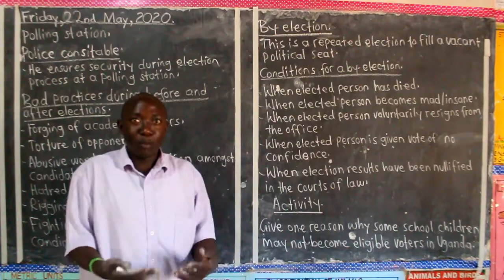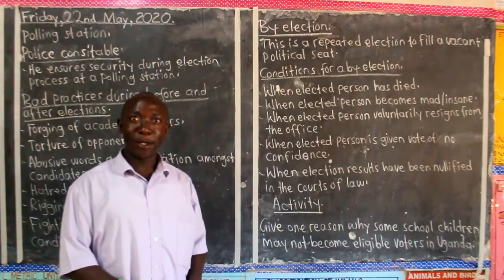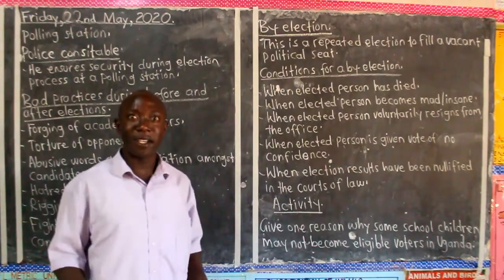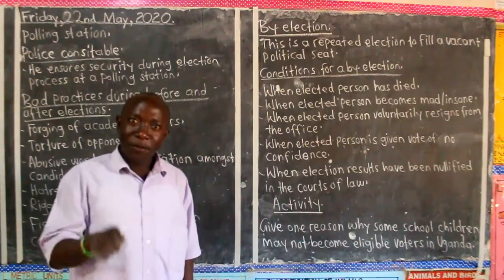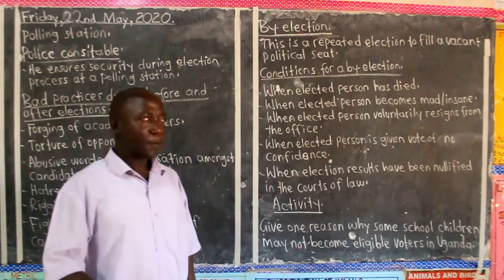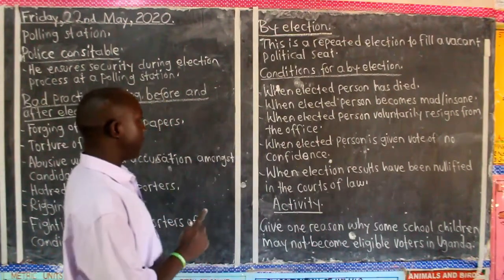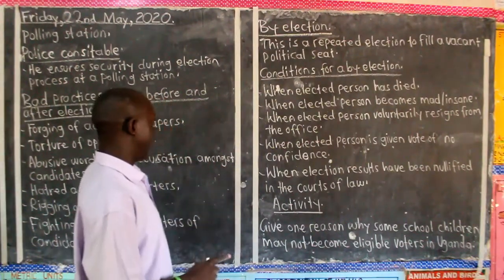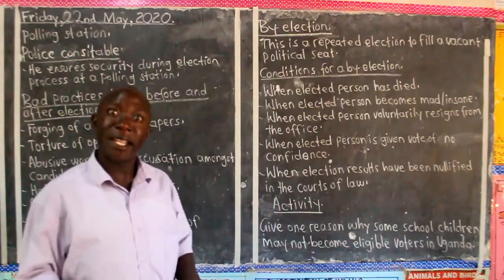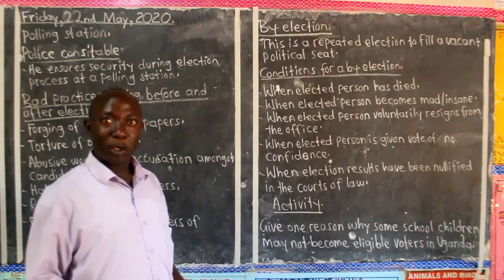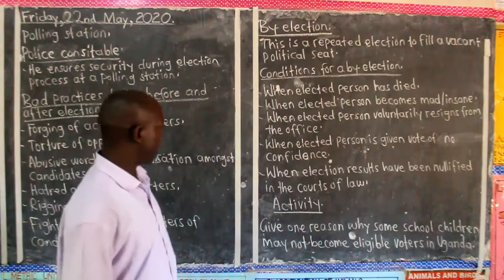People are not confident that it's the one whom they have elected, so people can even demonstrate, saying, no, it's not the one. That one means a vote of no confidence. When election results have been nullified in the courts of law. Nullified means cancelled. When they have been cancelled in the courts of law, that one calls for a by-election.